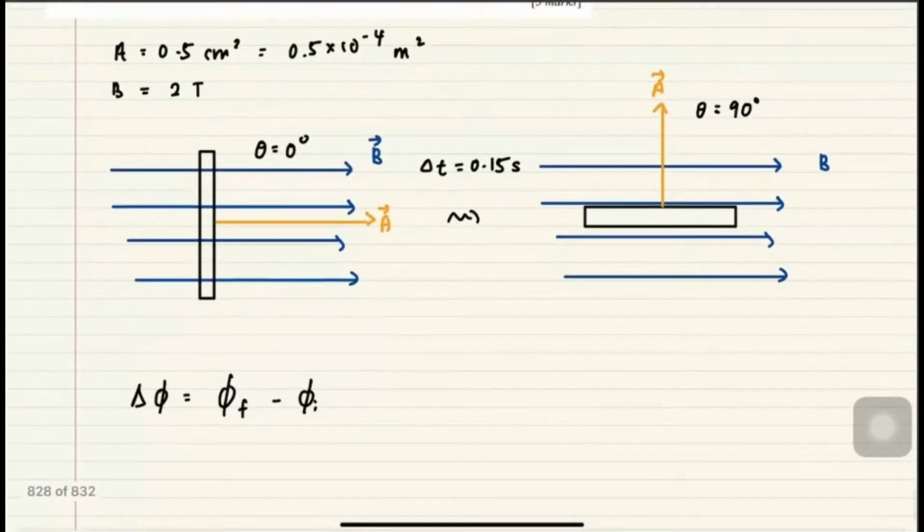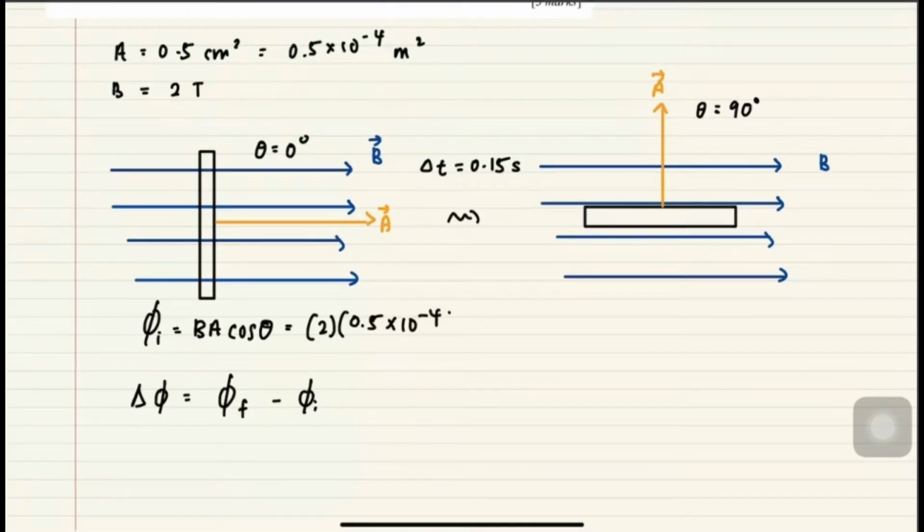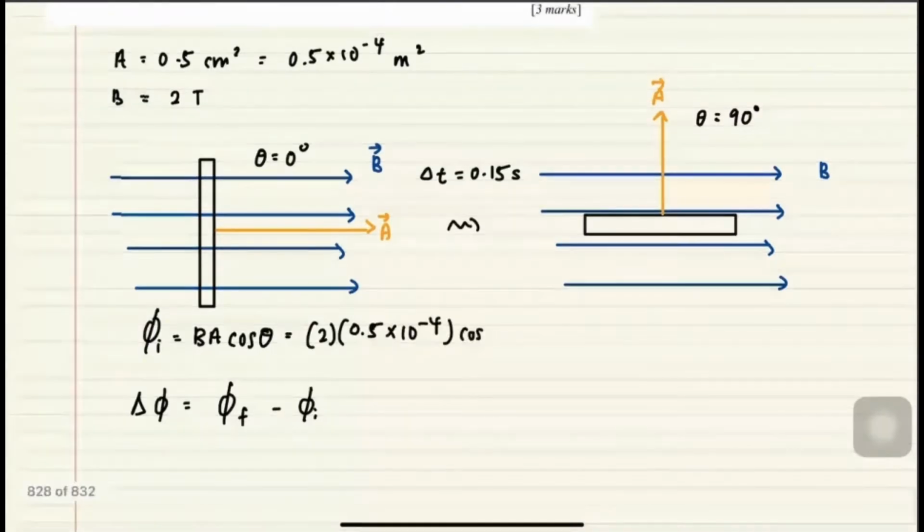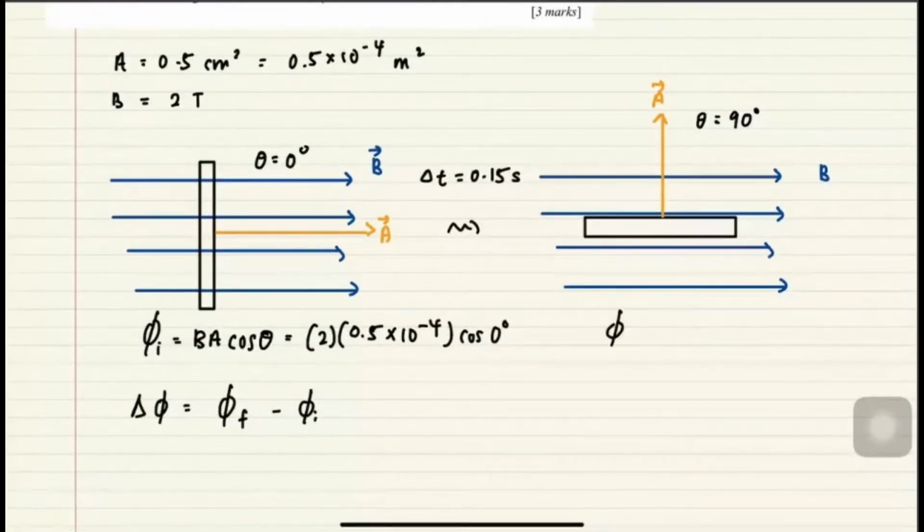So my phi initial, as I calculate over here, is equals to B A cos theta. Then it will be 2 times 0.5 times 10 negative 4 cos 0. And this one kalau kamu kira, jadi BA cos 90 degrees kan.